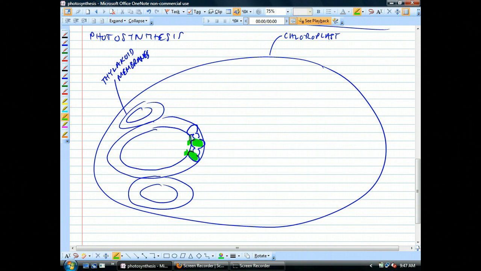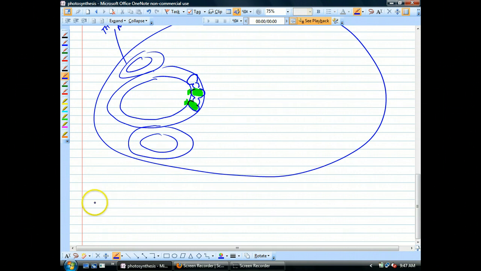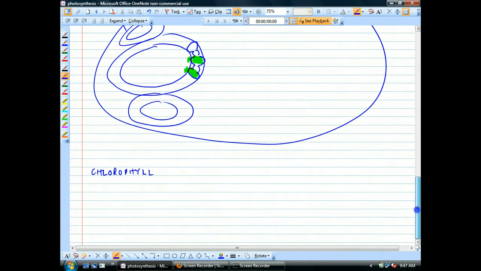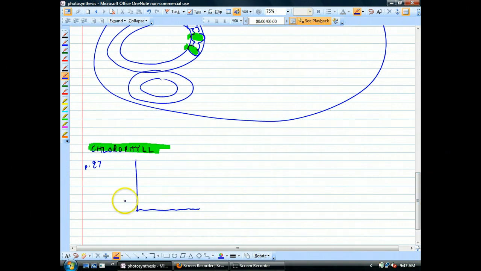Now think about this, and this is in your book. On page 87, there's a figure that looks like this. So let's go down here a minute and talk about chlorophyll, which is the green stuff. Your book has a graph like this on page 87. It says absorption.